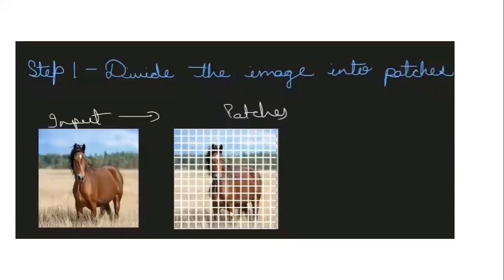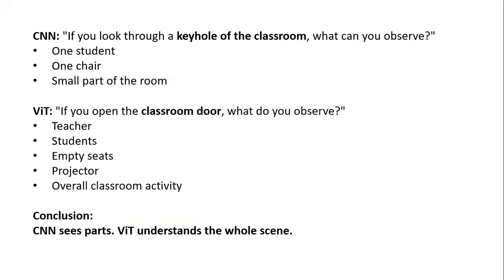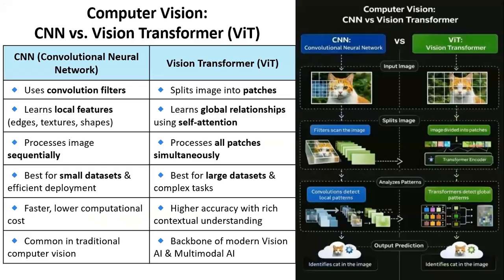This is what is called patches. Going back, vision transformer splits the image into patches. CNN looks at local features first, meaning edges, textures, shapes, etc., whereas vision transformer learns global relationships at once. It has a self-attention mechanism, like transformers have.